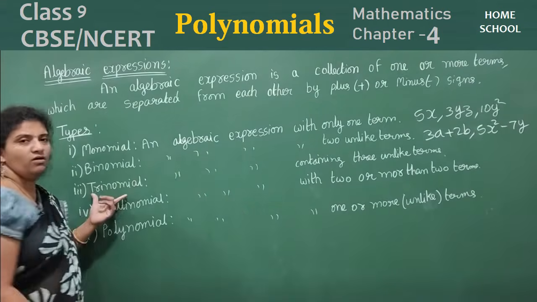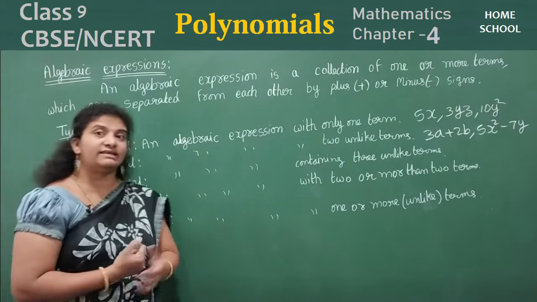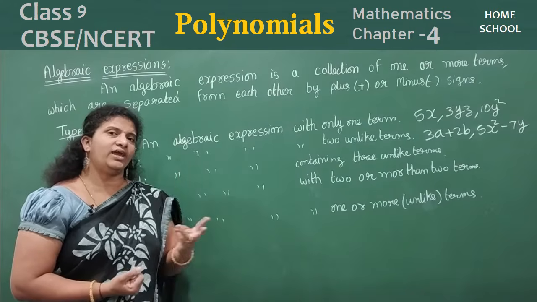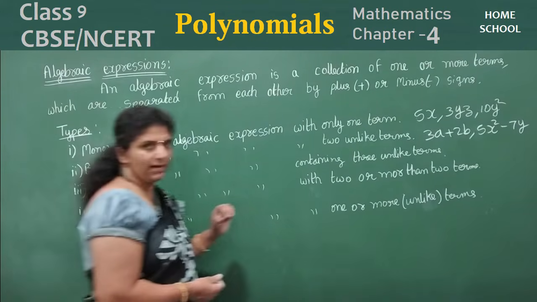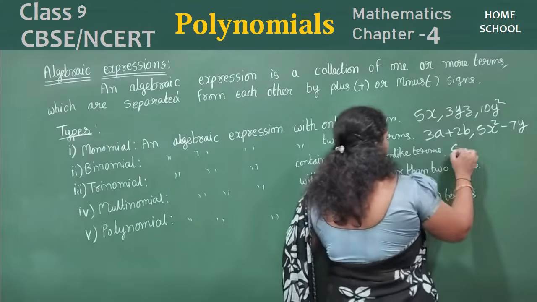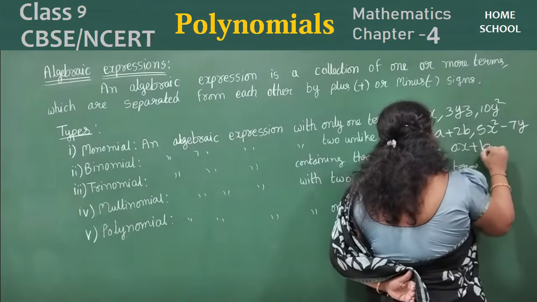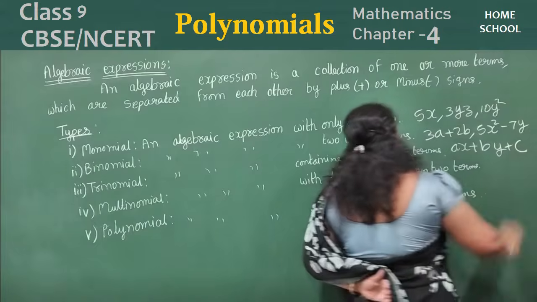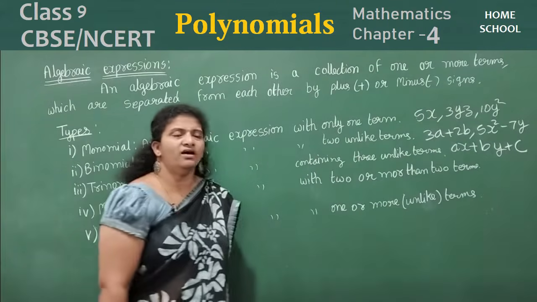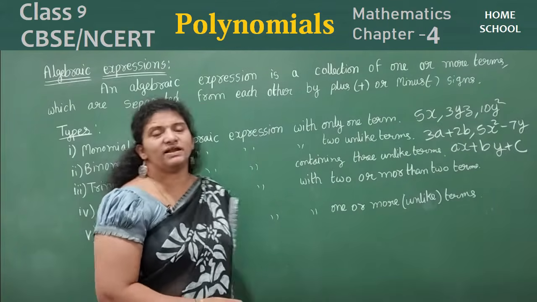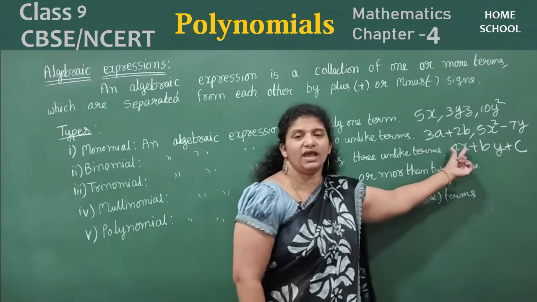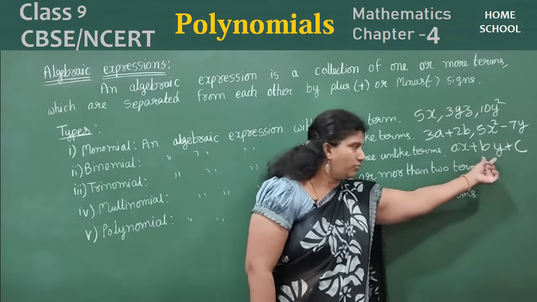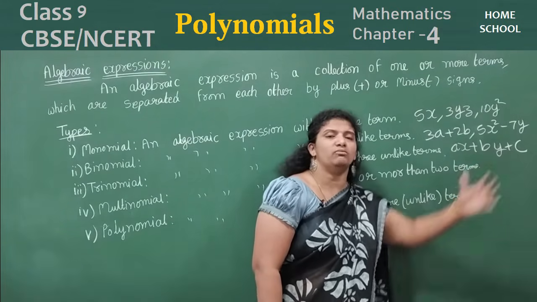Next one. More than two. If I use three terms, what is that? Three. Trinomial. Example, ax plus by plus c. Observe here, ax is a term, by is one more term, and c is one more term.